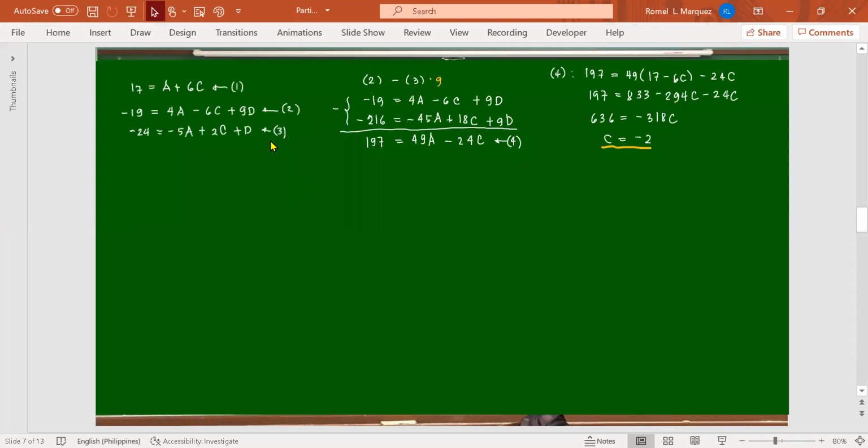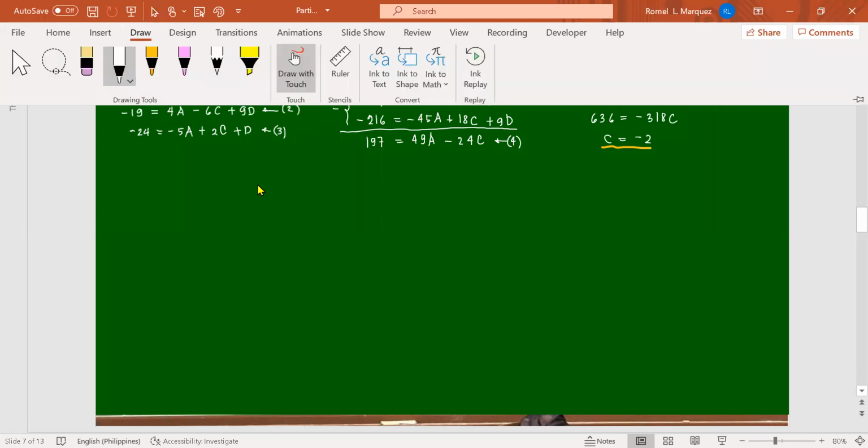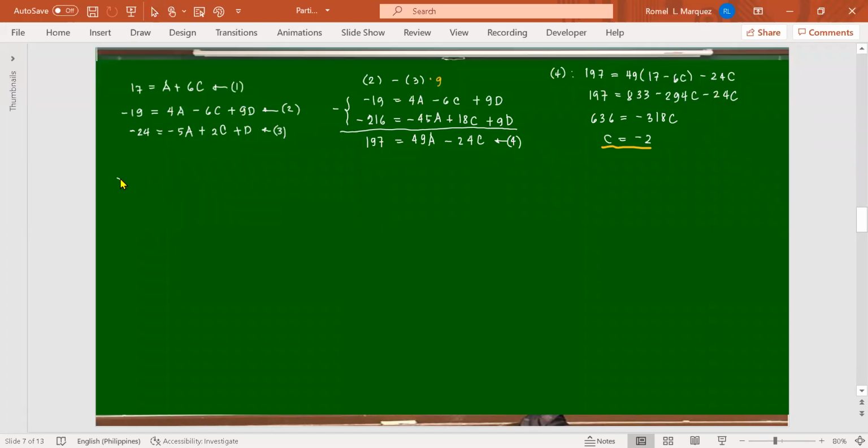Negative 4. So let's have A now. I can now solve for A. From equation number 1, what is A? 17 equals A plus 6C.